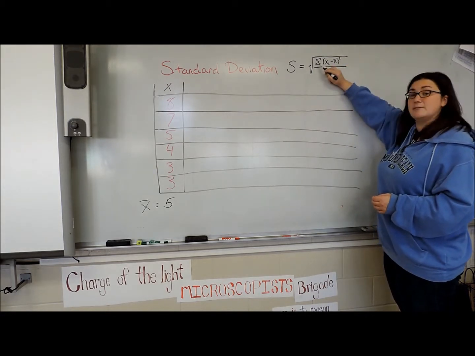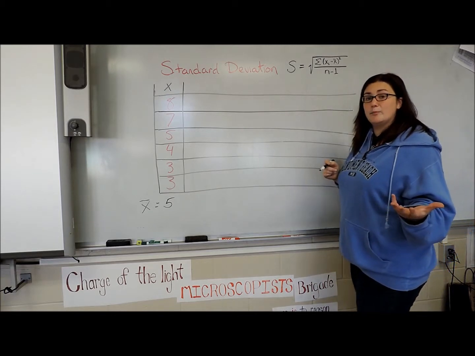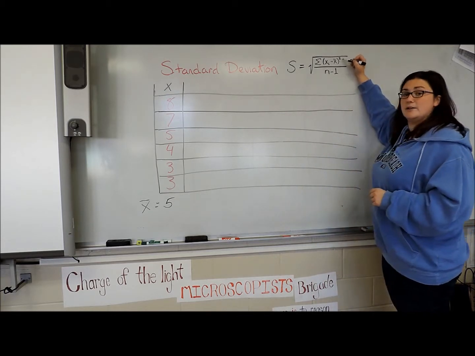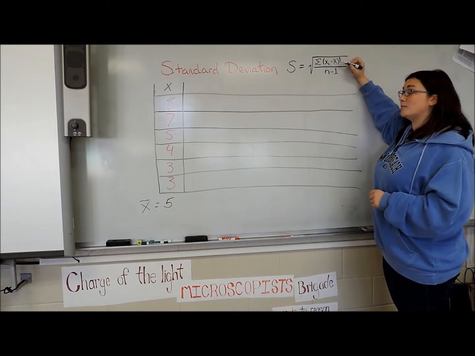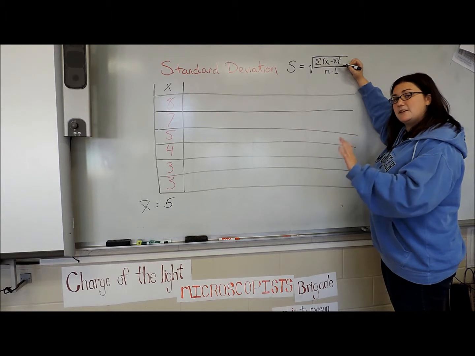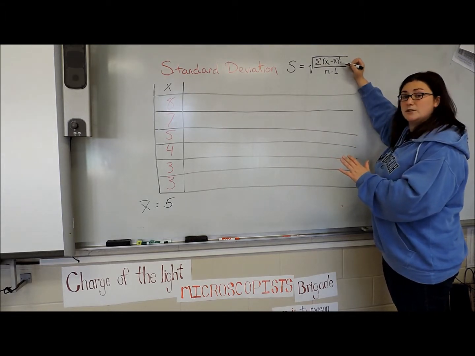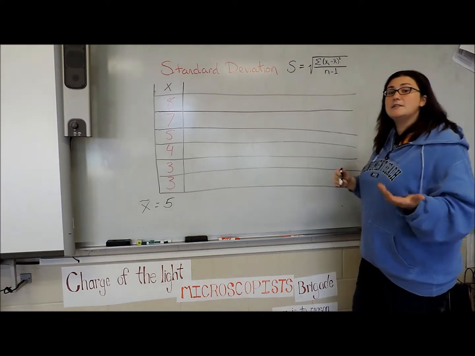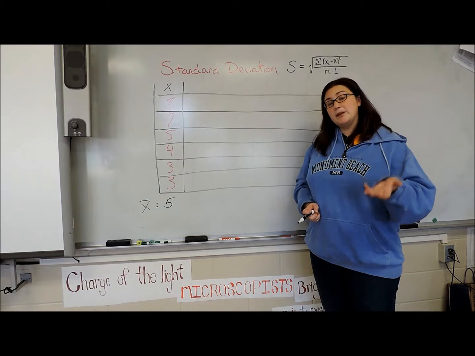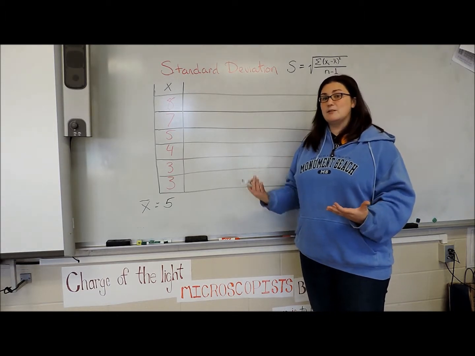We have our good friend the summation symbol that tells us eventually we're going to be adding stuff up. But before we do, we've got to pay attention to this squared symbol. So we find x minus x bar. We find the specific sample minus the average. And then we're going to square that number. The reason we square that number will become apparent in just a little bit, but basically it's because some stuff is going to be less than the average, some stuff is going to be more.